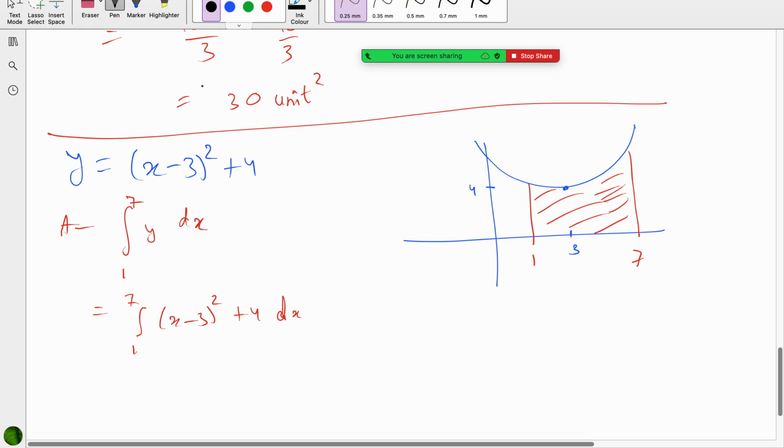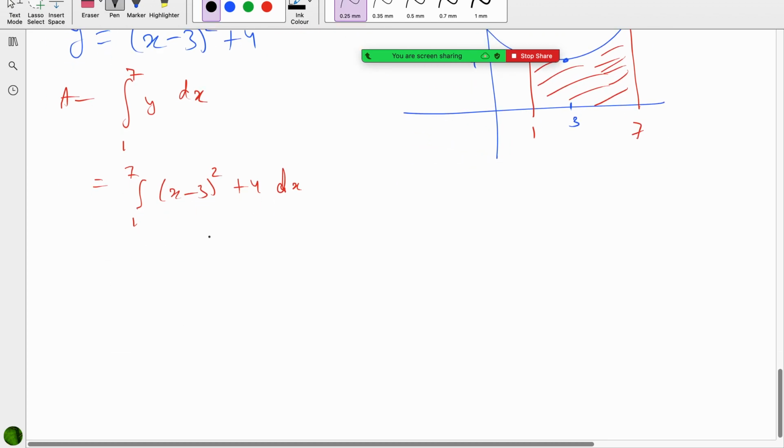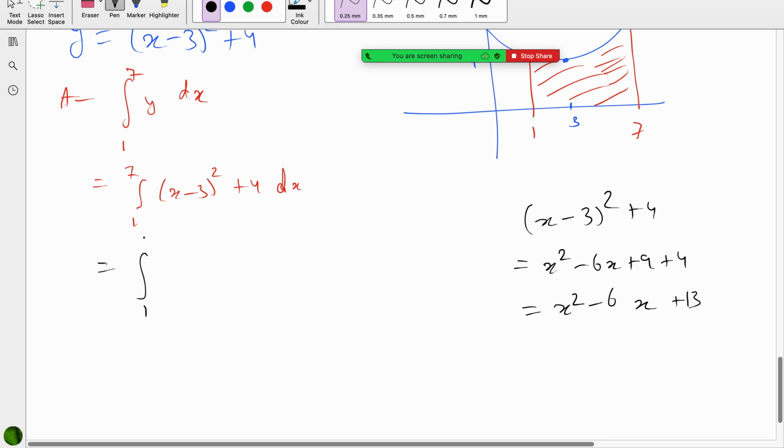Now there are two methods to integrate this shape. I'll explain it later. First I'll just simplify it and explain the second method. Whole square plus 4 is actually a square minus 2ab plus b square plus this, and simplifying we get 13. So I am going to integrate x square minus 6x plus 13 with respect to x.